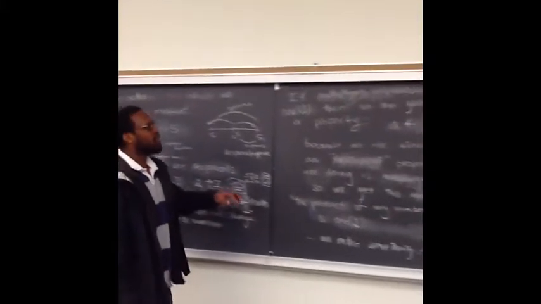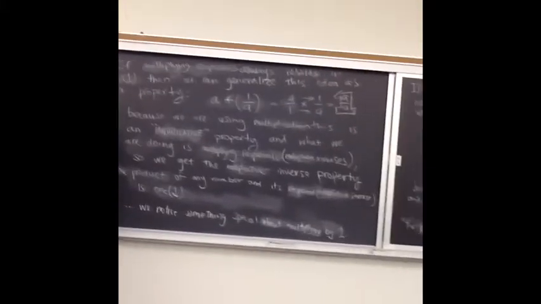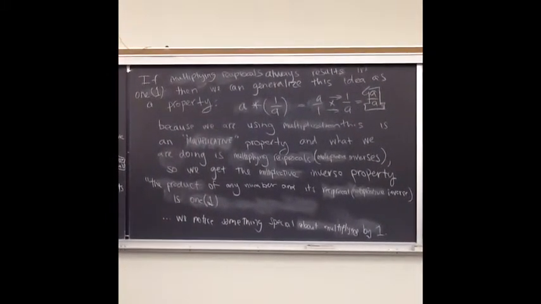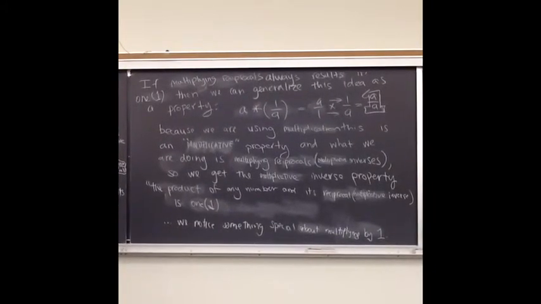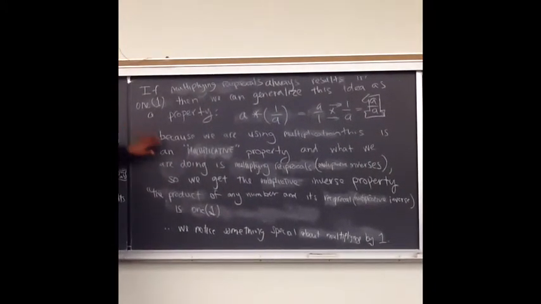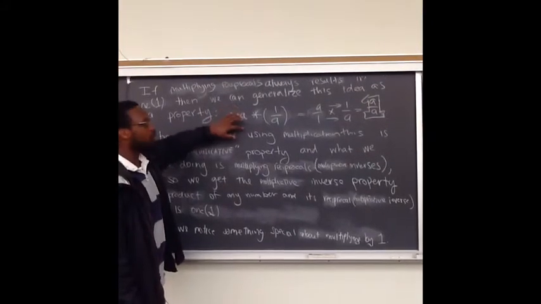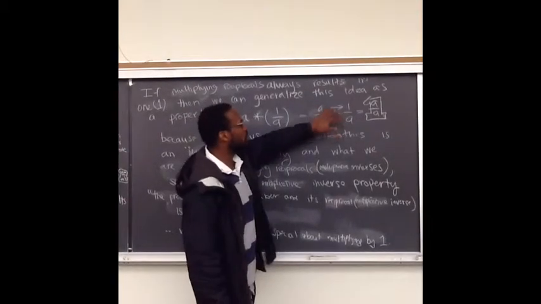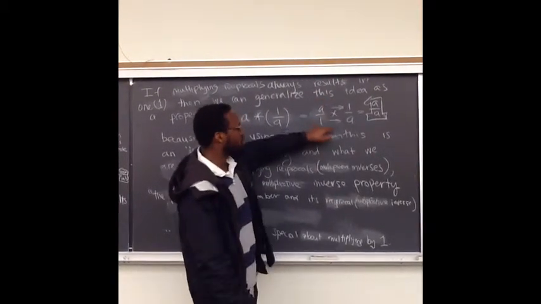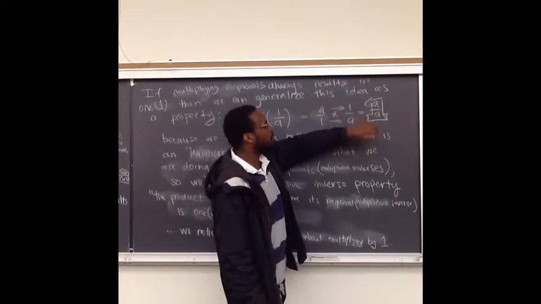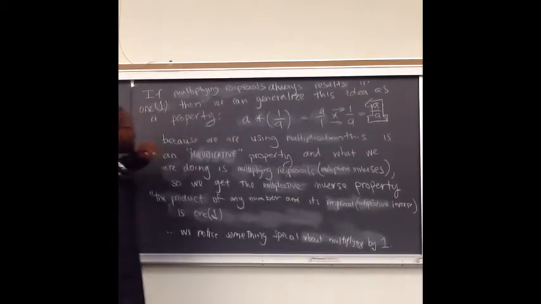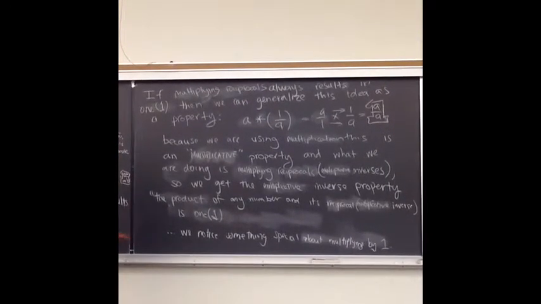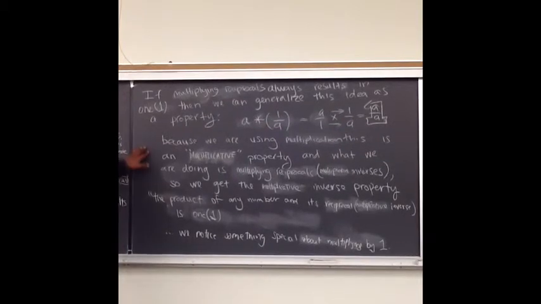The first thing we want to look at is multiplying reciprocals. If when we multiply reciprocals, we always get a result of 1, then we can generalize this idea with a property. So a times its reciprocal, 1 over a, right? We see a over 1 and 1 over a. When we multiply them numerator by numerator and denominator by denominator, we get a divided by a, which is 1. Because we're using multiplication, this has to be a multiplicative property, not to be confused with an additive property using addition.